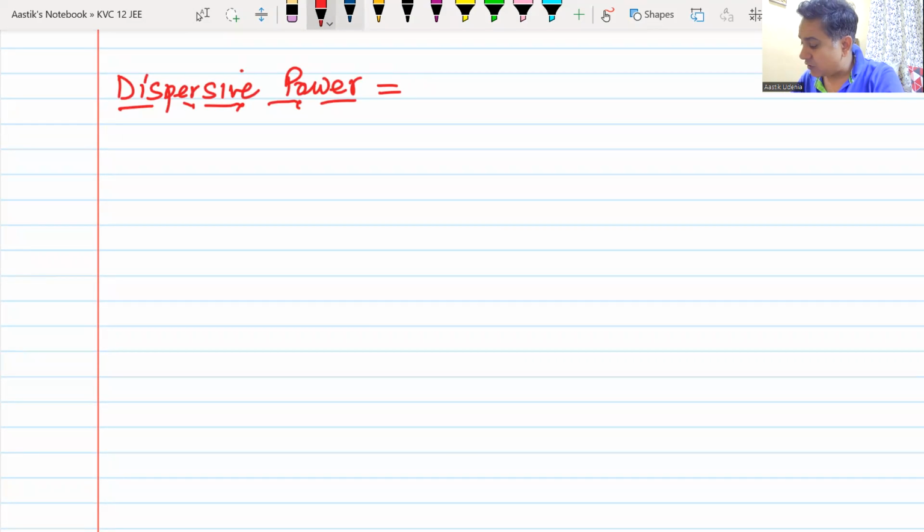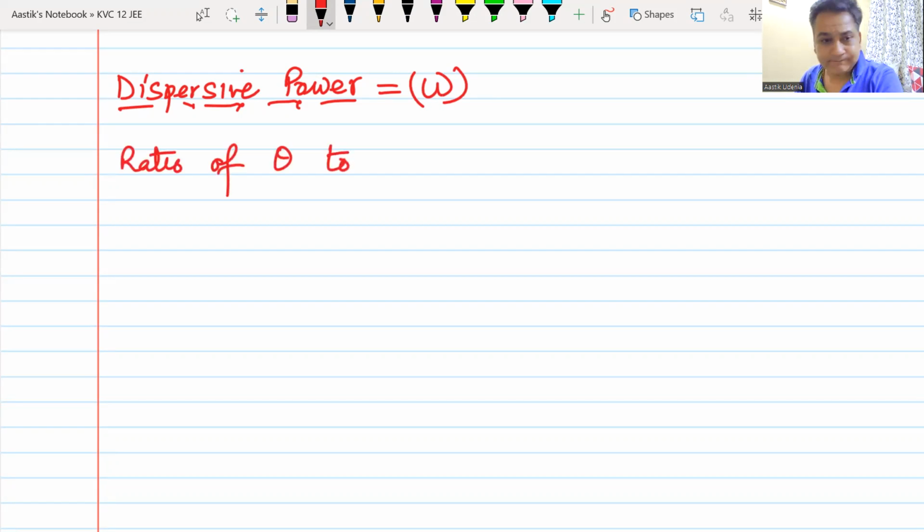This dispersive power is denoted by the letter omega. It's a ratio. Remember, both are angles. It's the ratio of theta to delta m or delta y. So omega becomes equal to theta divided by delta y.